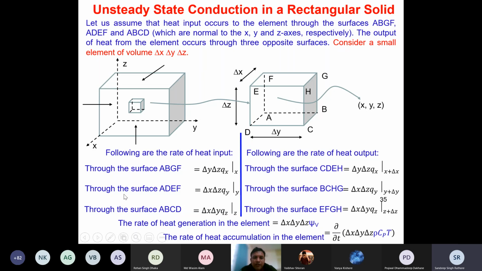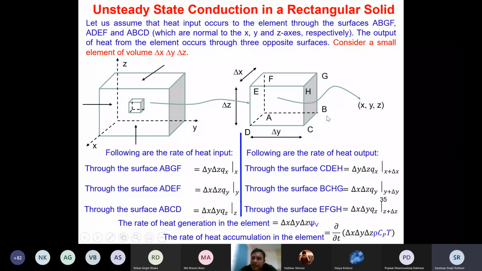Now let's look at the individual faces in this small elementary volume. The heat input through ABGF: the heat input to this face is going to be the cross-sectional area multiplied by the heat flux. What will be the cross-sectional area? Remember, this ABGF is normal to the x-axis.